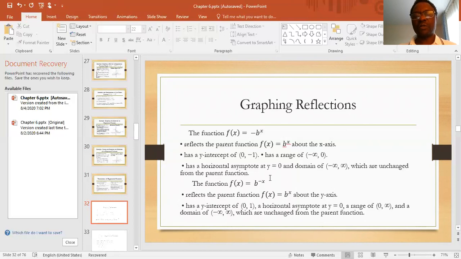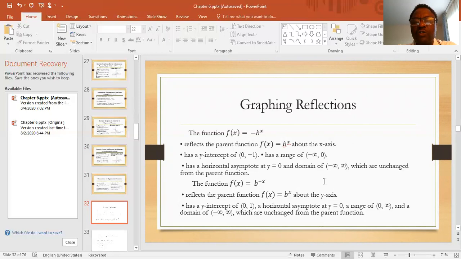So we can have the function f of x equals minus b raised to power x, which reflects the parent function about the x-axis, has a y-intercept at 0, -1, and has a range from -infinity to 0. It has a horizontal asymptote at y equals 0, and the domain is -infinity to infinity.